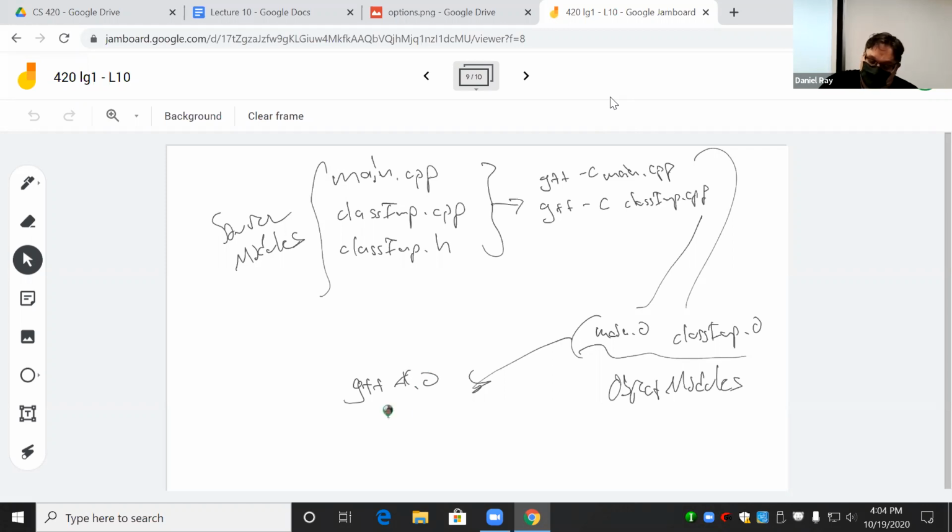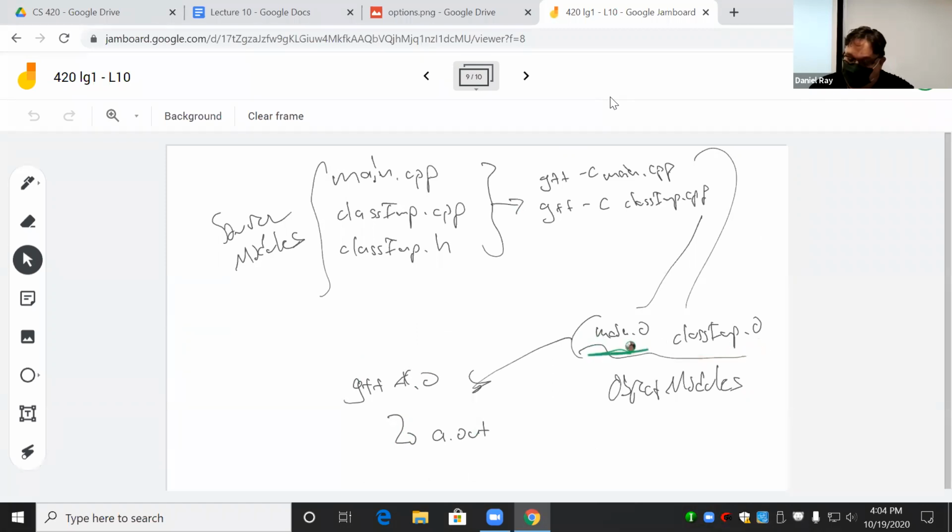And that gives me a file that by default is called a.out, and that's the executable. Okay, does that sound familiar to you guys? If you put this in a project, all of this happens for you, and you're a lot happier, perhaps. But the operating system still needs to know about this.